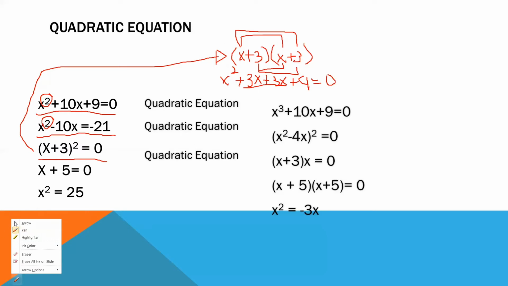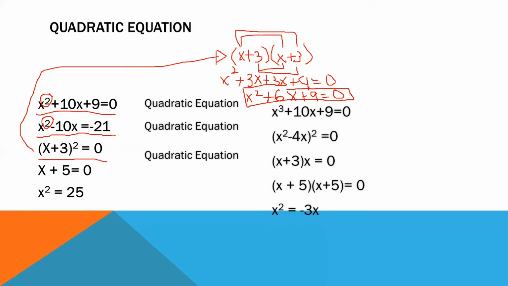So, ang mangyayari dyan ay x squared plus, so 3x plus 3x is equal to 6x, then plus 9 is equal to 0. So, if nakita natin itong equation na na-simplify na natin, we can identify that this one is quadratic equation.